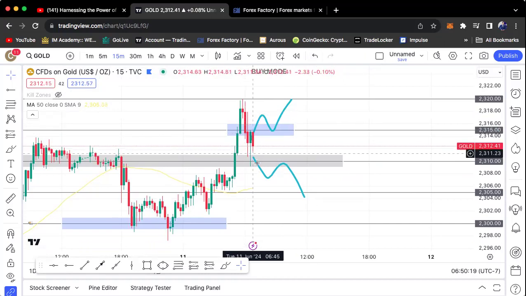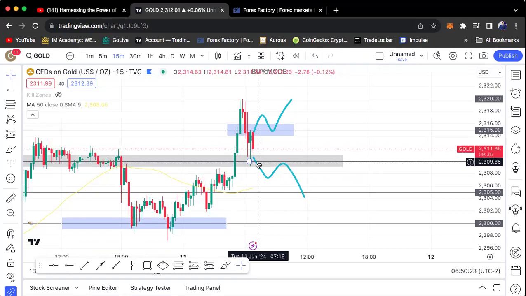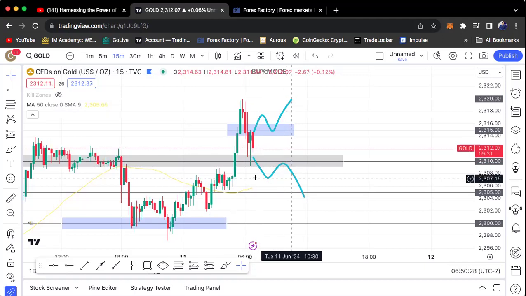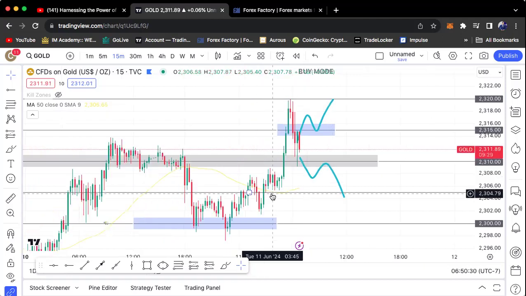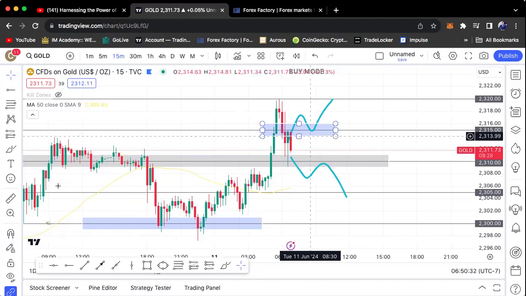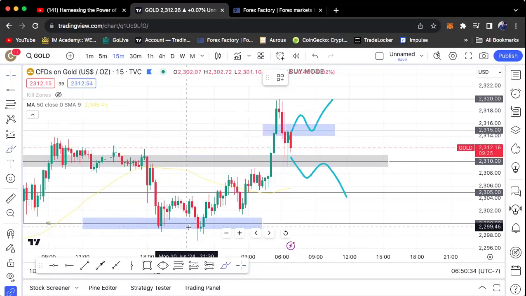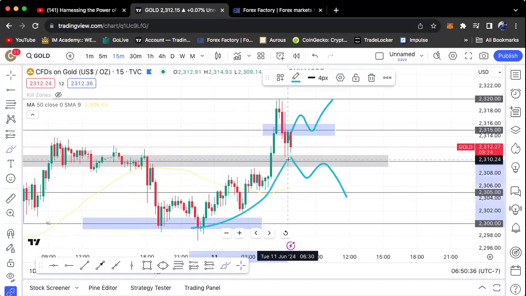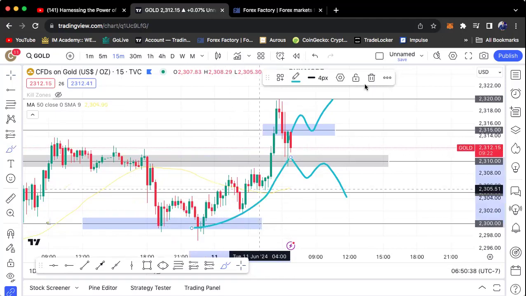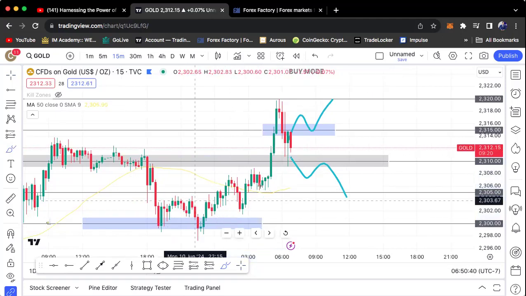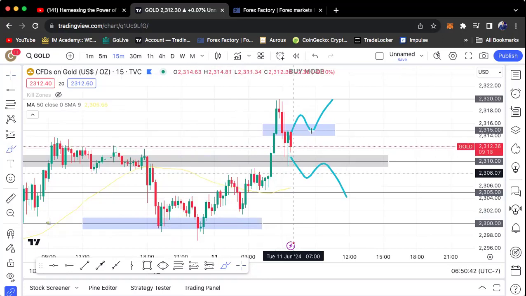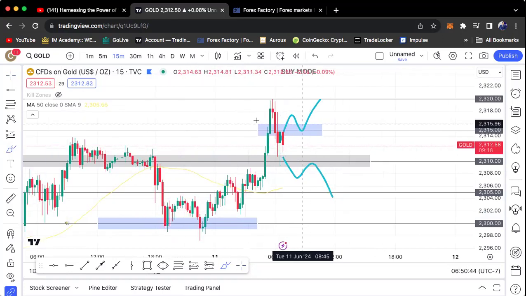For my sellers that want to go with the trend, that want to be more conservative, more on the safe side, you guys can wait for the break of structure to the downside, right? Because we also have liquidity here, so we could see a liquidity sweep. We have money here from all these buyers from the London session. So it can go either way, right? It can go either way.